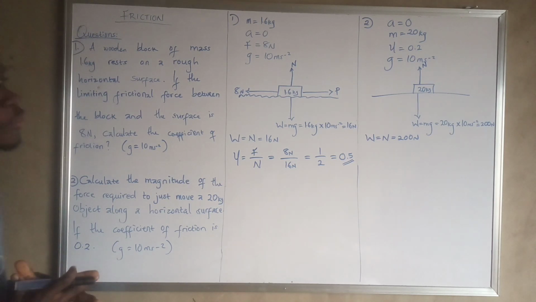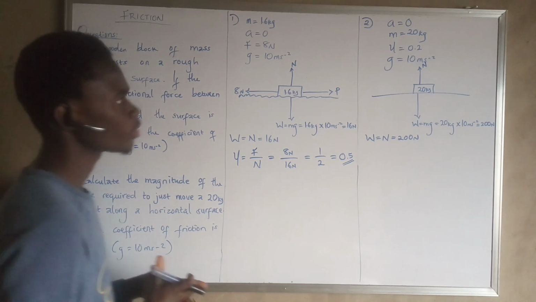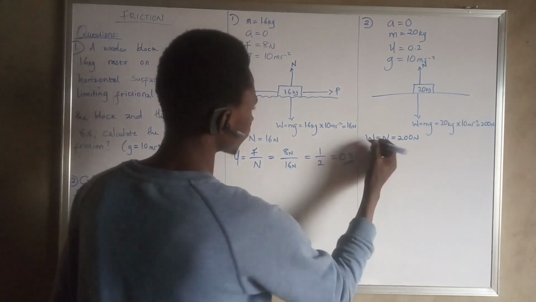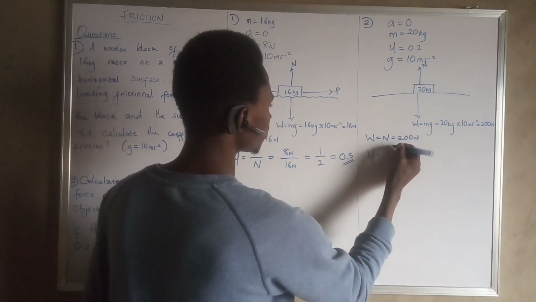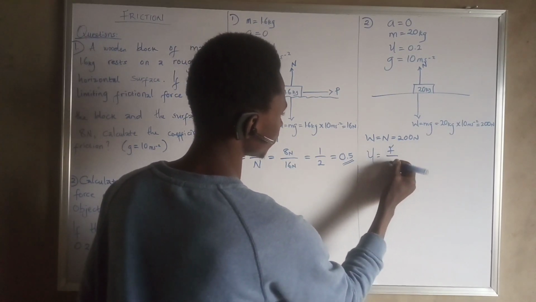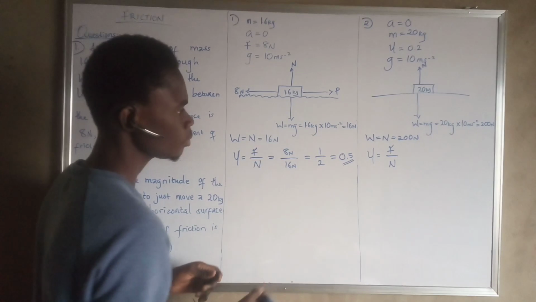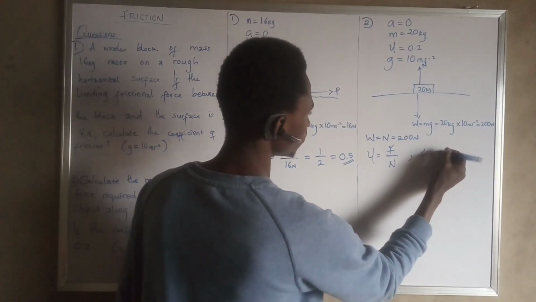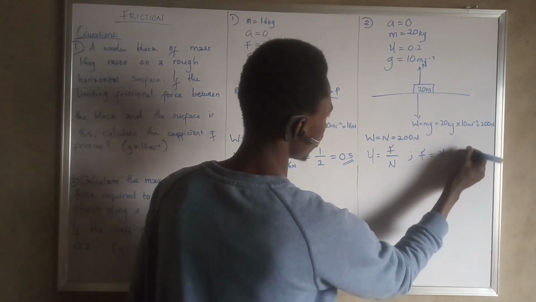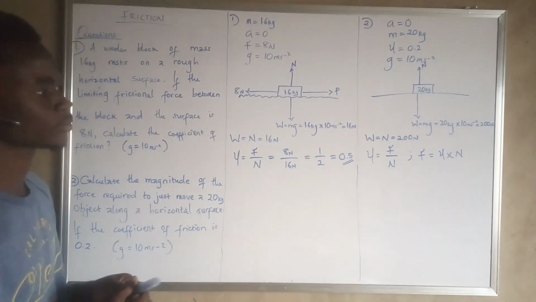The formula for the coefficient of friction is mu is equal to frictional force over normal reaction. Making friction the subject of the formula, we have friction is equal to mu times normal reaction.